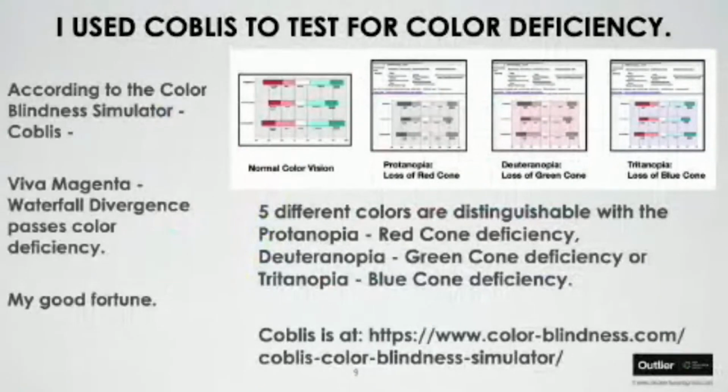So I used the color blindness simulator, and happily, the 5 different colors in this color scheme are distinguishable for somebody who has protanopia, a red cone deficiency, deuteranopia, a green cone deficiency, or tritanopia, a blue cone color deficiency. Now, for the protanopia and deuteranopia examples, they won't exactly see Viva Magenta and Waterfall, but they see 5 different colors, so it passes color deficiency.